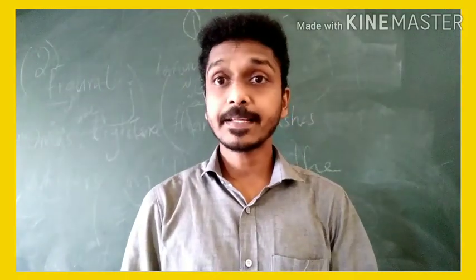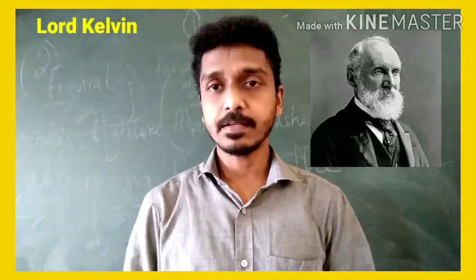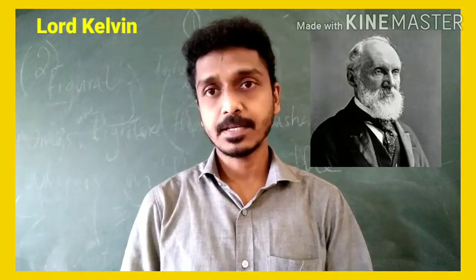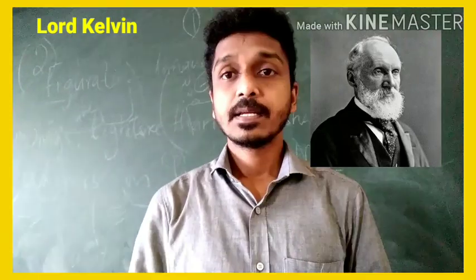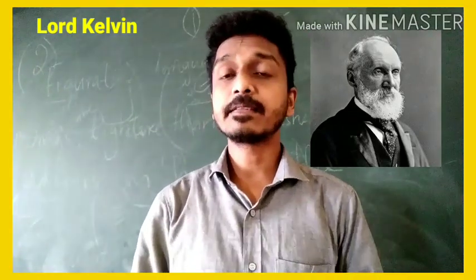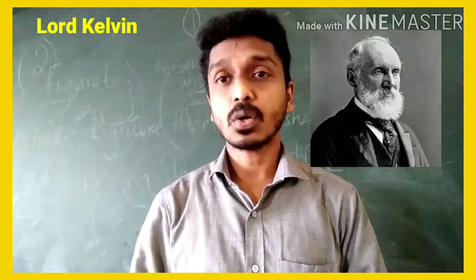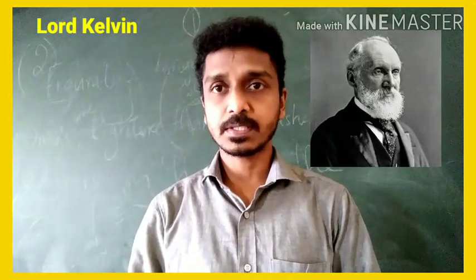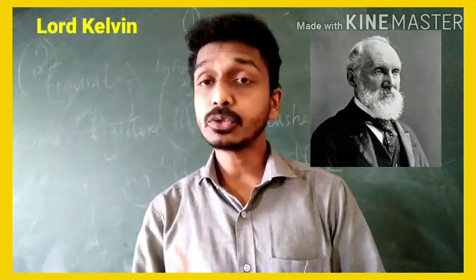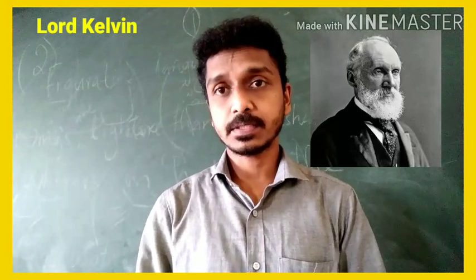Now, here is the third scientist, Lord Kelvin. His name is Lord Kelvin. Kelvin and other scientists were researching whether the lowest temperature is possible or not. So they started to research it.